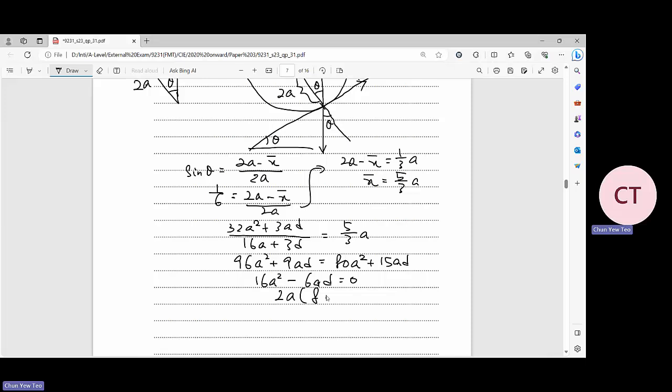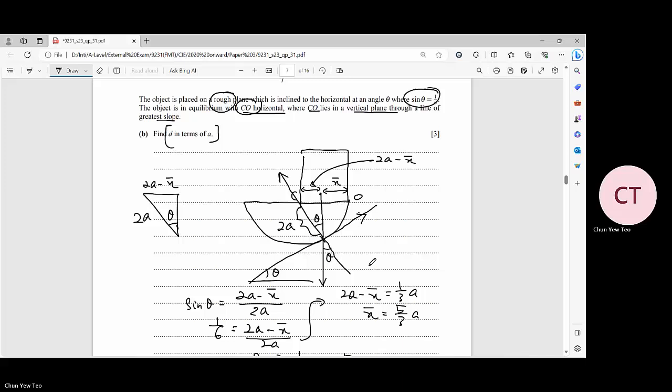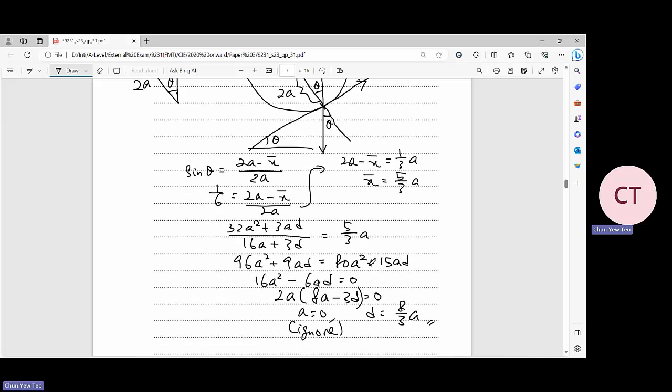Then you have A minus 3D equal to 0. Then your A is equal to 0 and your D is equal to 8 over 3A. This one ignore, because if the A is 0, then you have no radius at all. Okay, so that will be your answer for these questions. So this will be the answer for this question number 4.